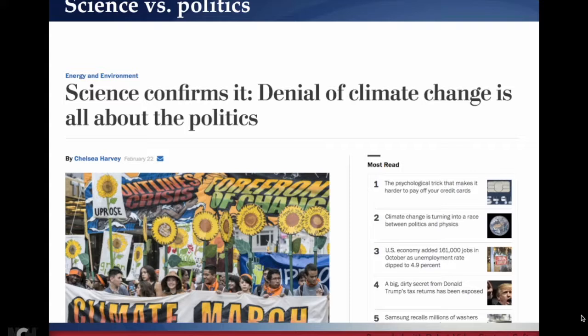There has been a lot of political debate, particularly in the United States, around whether climate change is for real or not. And the scientific community, by and large, has confirmed that the denial of climate change is really about politics. So, why do I bring this up? Well, it's important because people come from different political backgrounds.